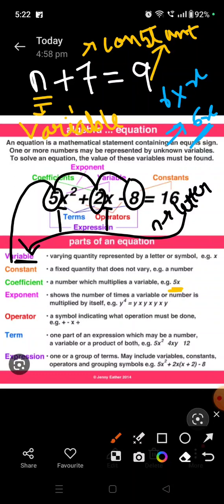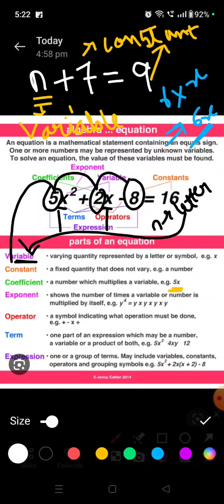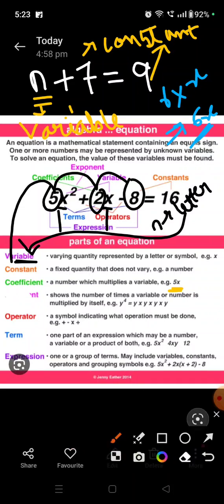Exponent, we don't have this exponent, so we do not need to pay much attention to it. We don't have it, so just cut it.